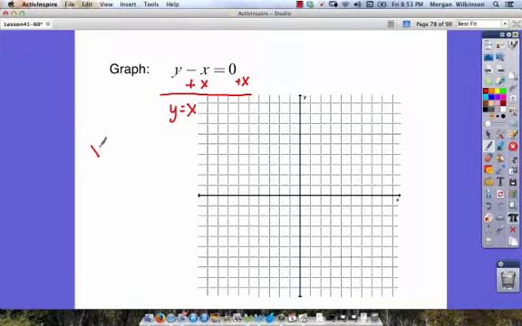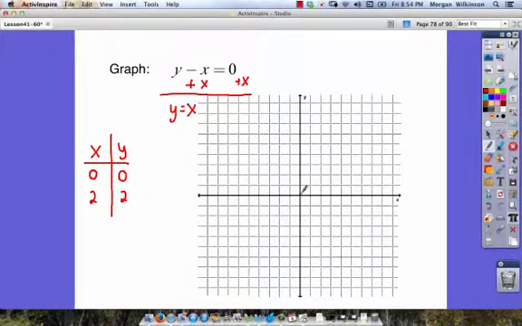So if we build our table of values, x and y, let's make x equal to 0 because we always want to solve that one. If x is equal to 0, well, y is equal to x, so y must be equal to 0. If x is equal to 2, then y must be equal to 2, because they're always the same value, since they're equal to each other.